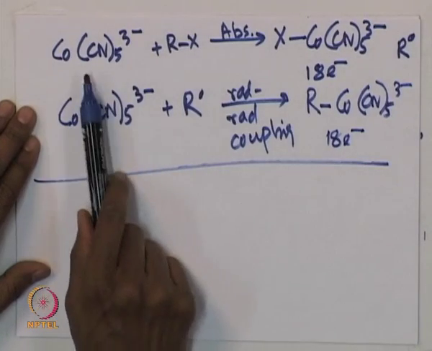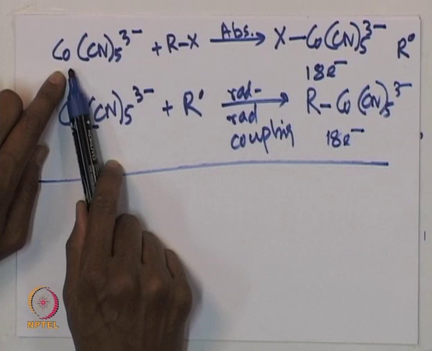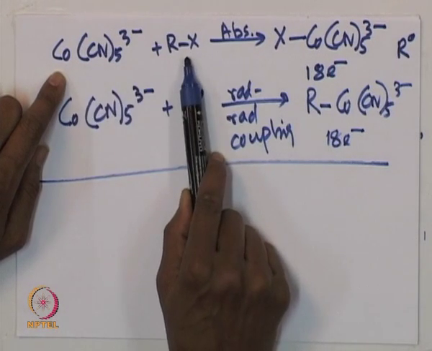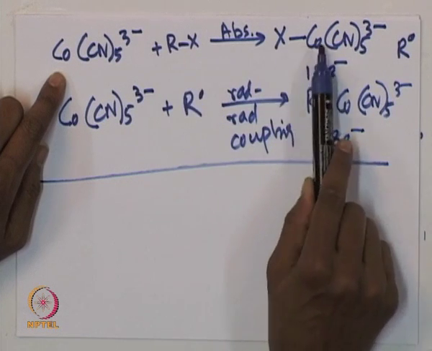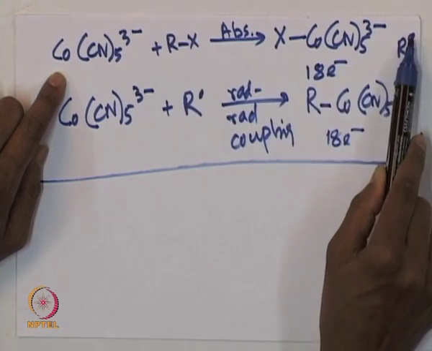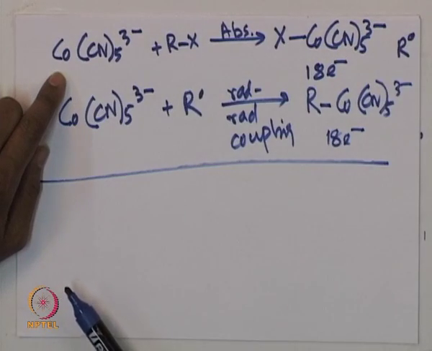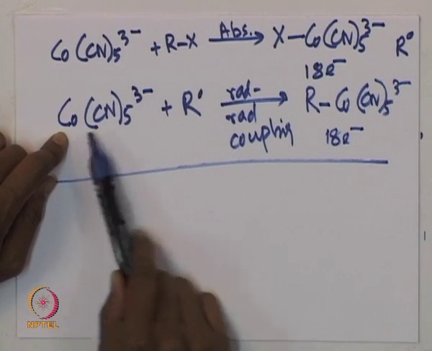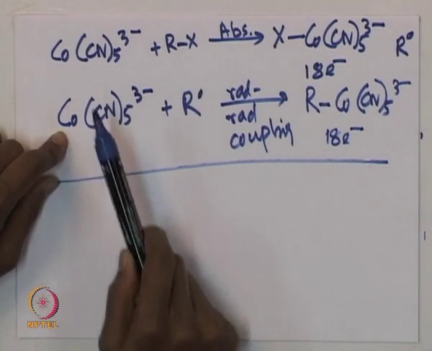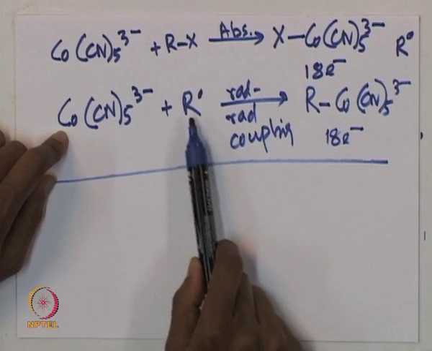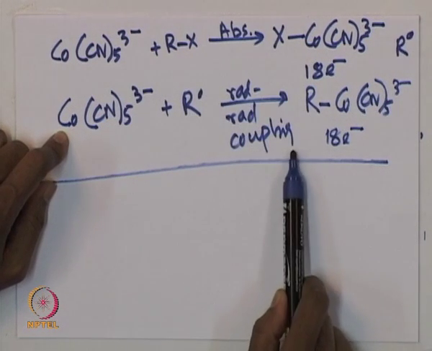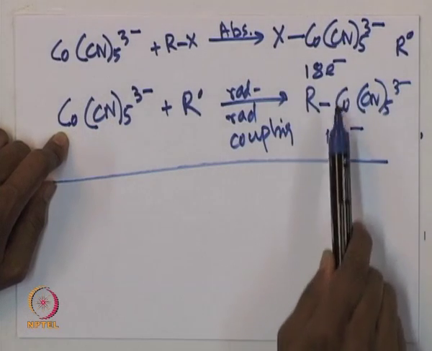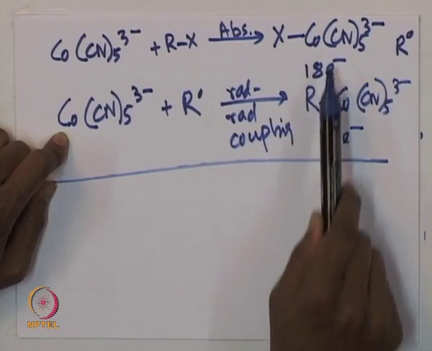So, what we have seen so far is that the cobalt pentacyanide species reacts with RX to give you XCo(CN)5 3- along with R radical formation. This radical will combine with the cobalt, which is again a kind of radical intermediate, a 17 electron species, to give you, by radical coupling, RCo(CN)5 3-. Both these species are 18 electron in count.